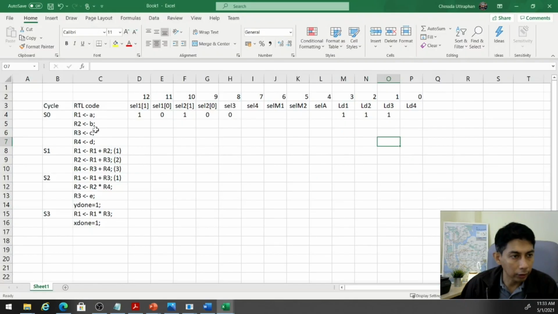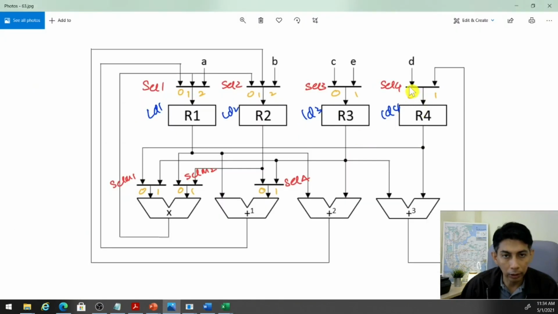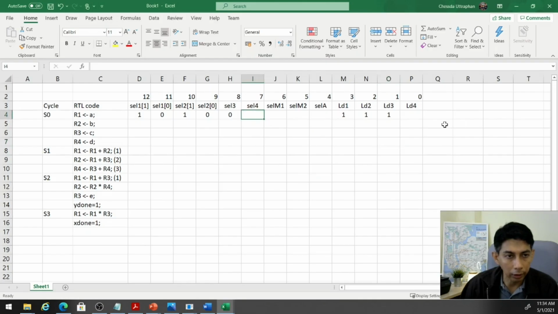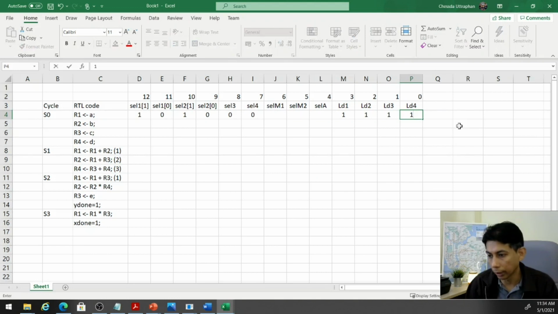The last operation is D to R4. D is 0, so SEL4 should be 0, and LD4 should be equal to 1.